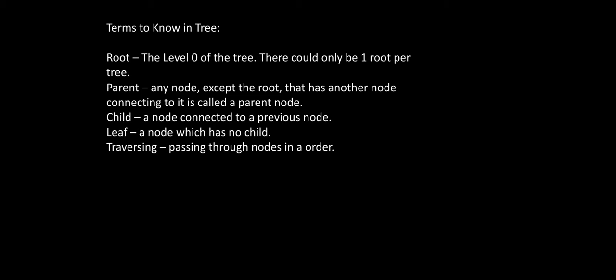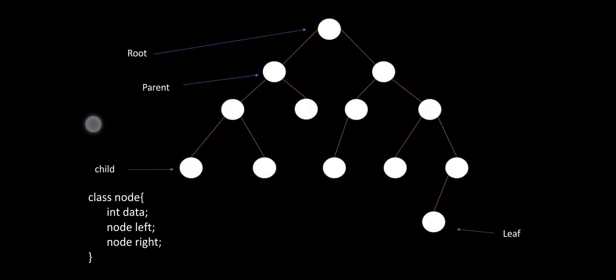Next slide, we're going to further visualize this. We have here a picture of a tree data structure, and the root connected to the arrow, which is the first. It's like a pyramid, or we can say it's like an inverted tree.